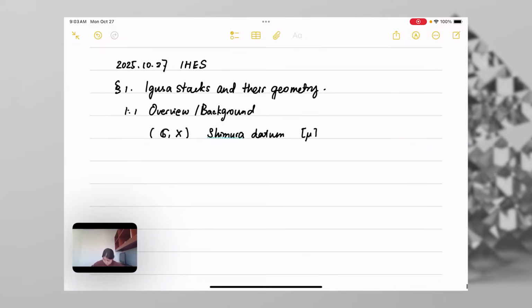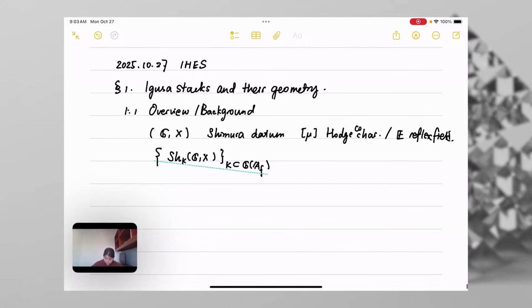The symmetric space parameterizes a variation of Hodge structures, which gives rise to a Hodge cocharacter, whose reflex field is a number field called E. This datum also gives rise to a tower of algebraic varieties defined over E and labeled by compact open subgroups of the finite adelic points of G. These are the Shimura varieties.